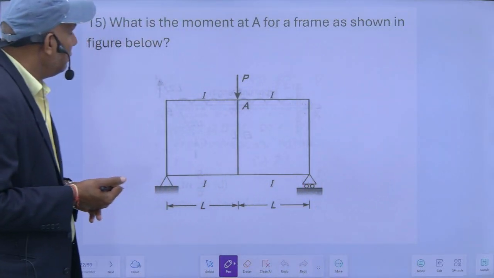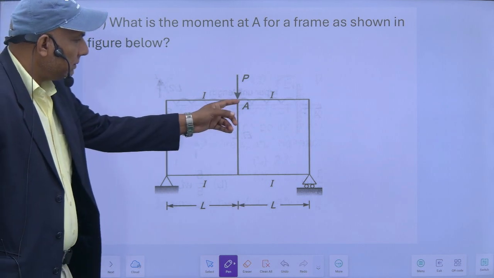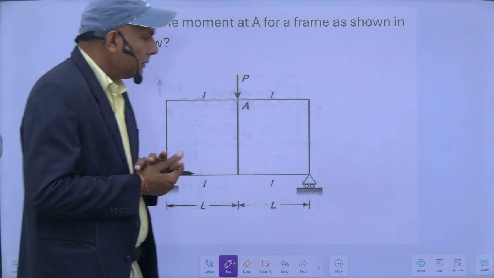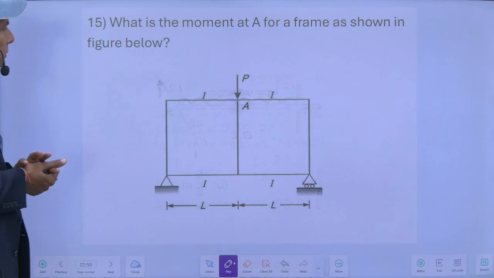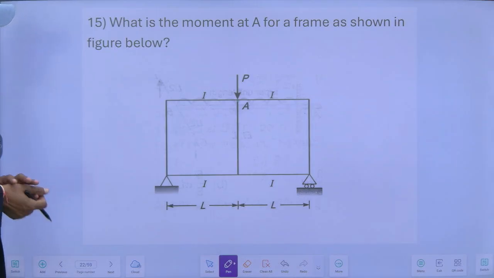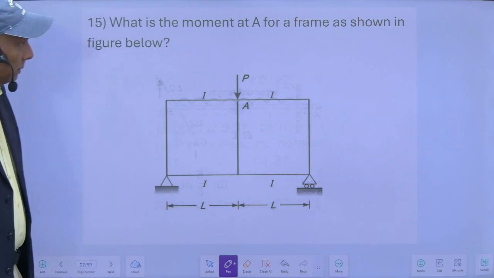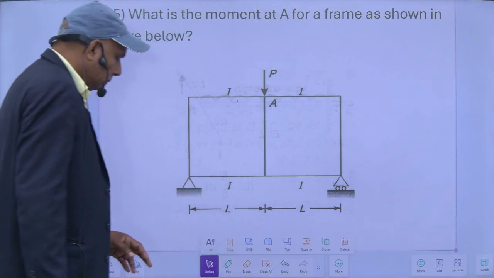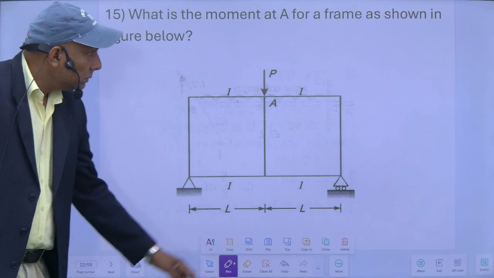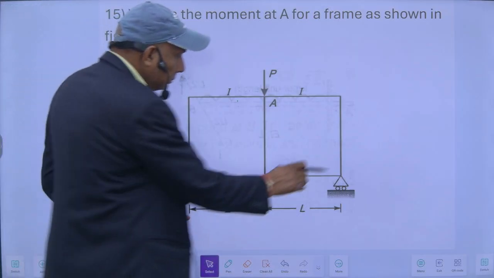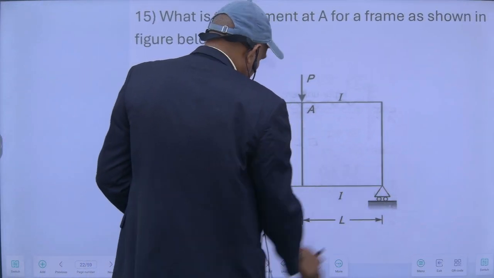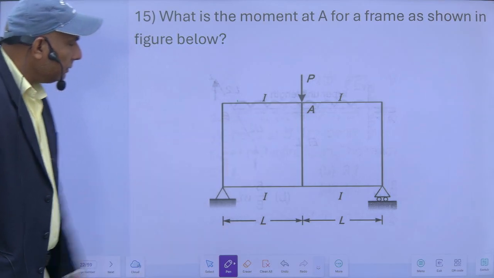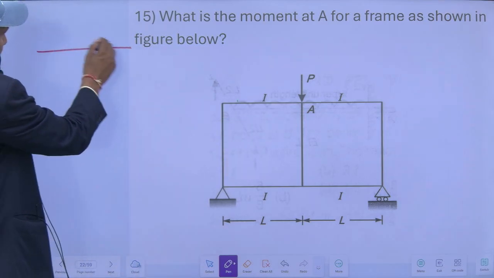So what is the moment at A? Moment at A. This is I, this is I. If you draw the free body diagram, it will be like this.